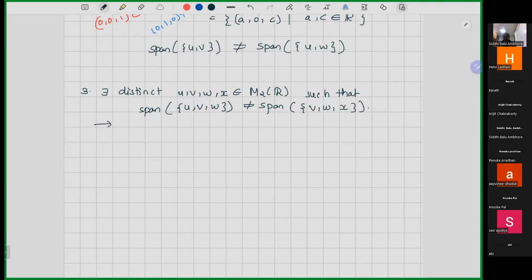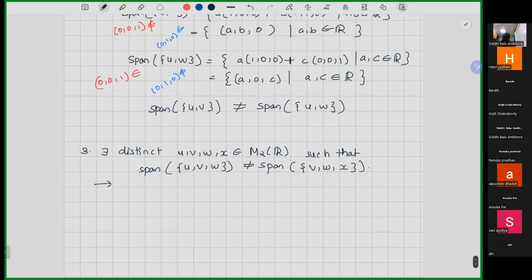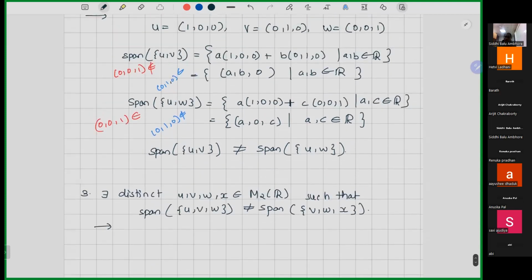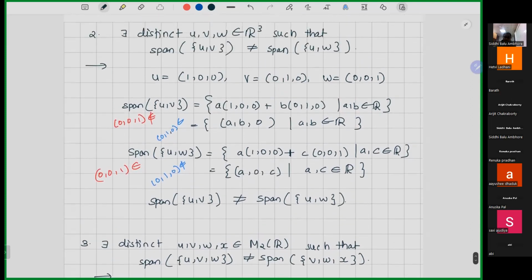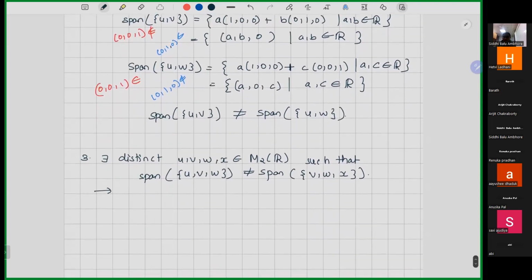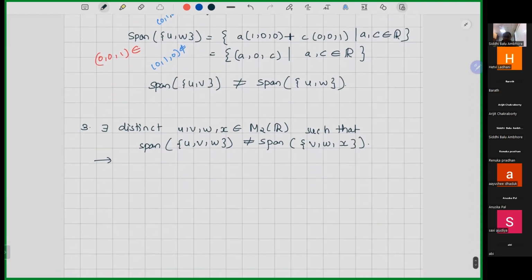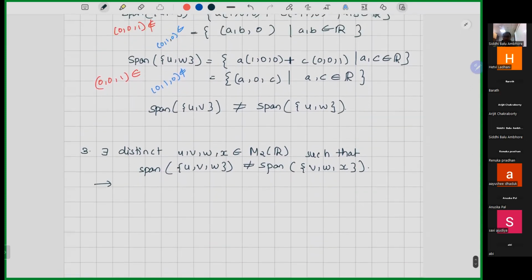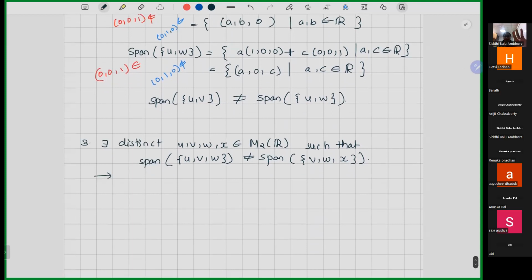Can we find such u, v, w, x? Using this hint from the second question, can you guess what these u, v, w, x could be? If you can't, I know you can't write a matrix, or you can, but you don't want to write a matrix in the chat, that's okay. But at least write something so that we will understand what you are talking about.